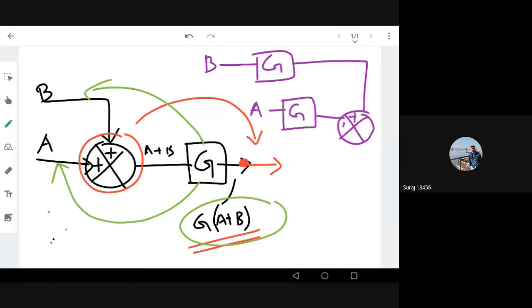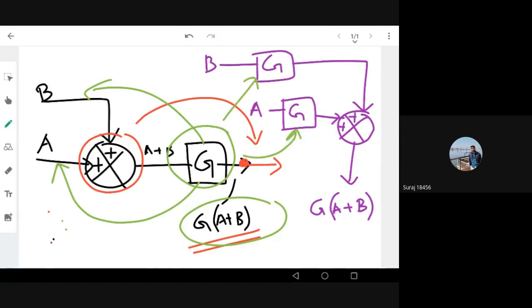Now the output is the same, G into (A plus B). The only difference is the common gain. The common gain here is transformed to each branch, because the summing point is taken to the right of the block. So we can see that the gain is distributed within each branch separately.